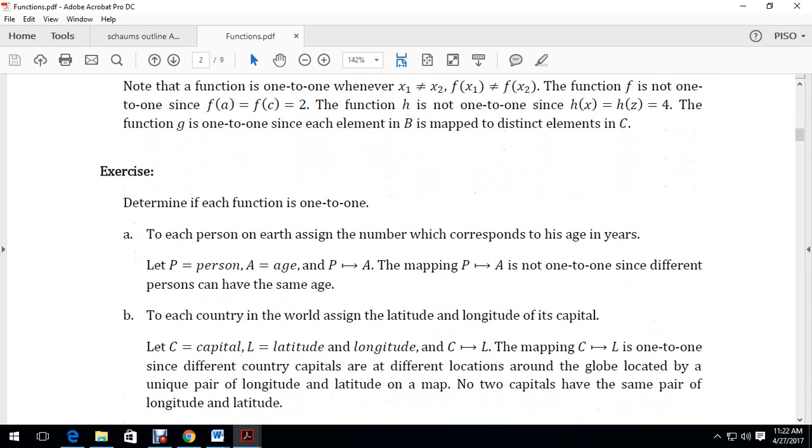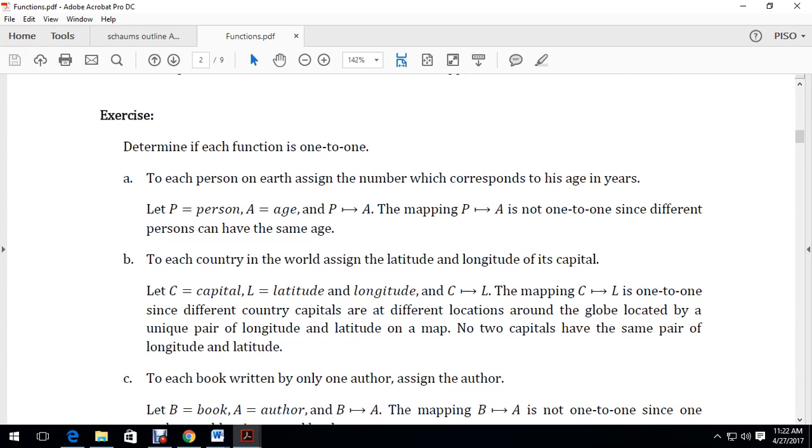Okay, so let's have further exercises for the definition of a one-to-one function. Let's have the first example, letter A. To each person on Earth, assign the number which corresponds to his age in years. Let us try to understand if this is really a one-to-one function.